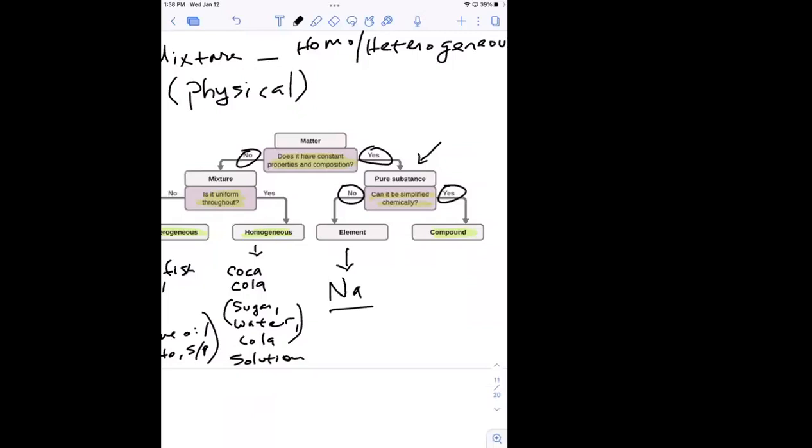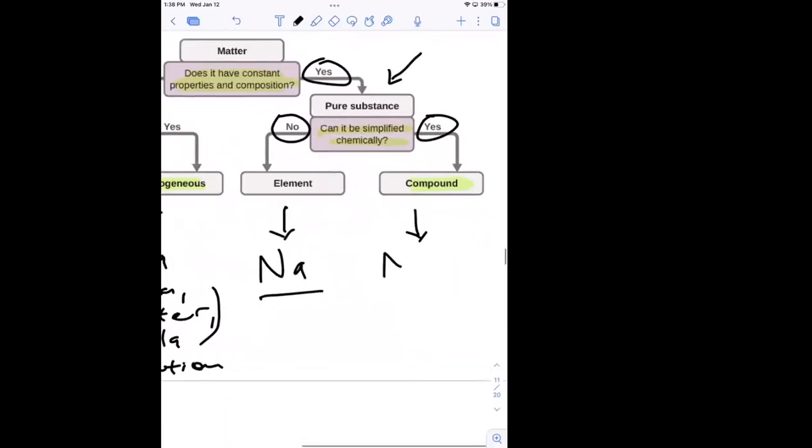But if I think about a compound, in this case, I'm going to say sodium chloride, right? I can react that sodium chloride with something and break those two atoms apart and so take that compound back to its elemental form, right?